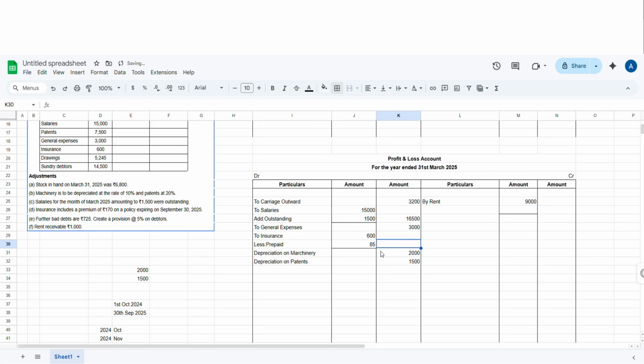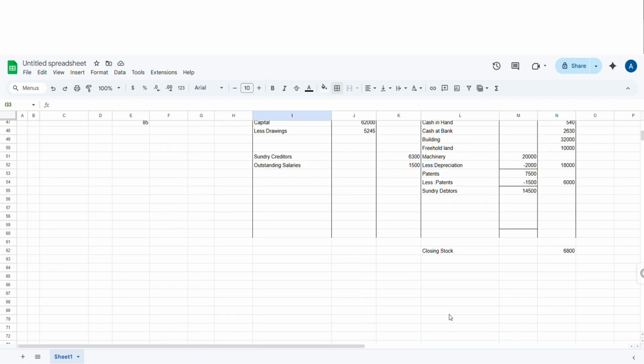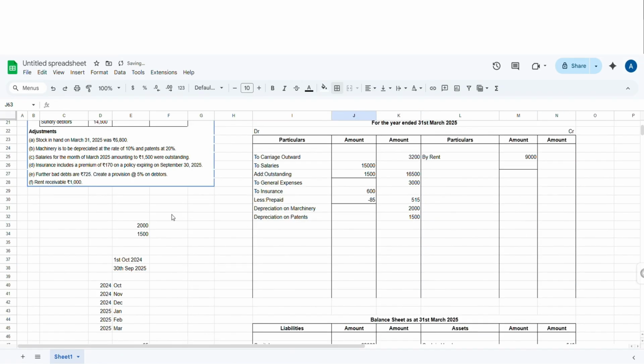So it is 515, and the other entry is in the balance sheet. That is prepaid insurance. It is an asset. That is 85.